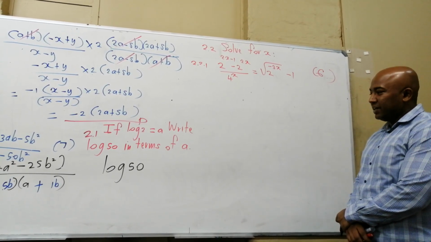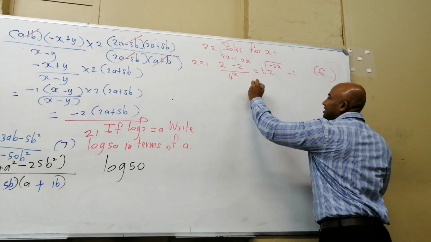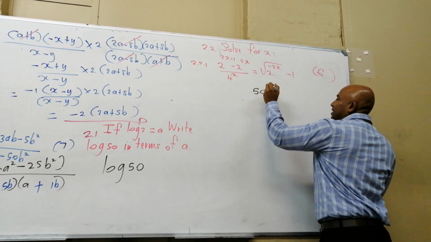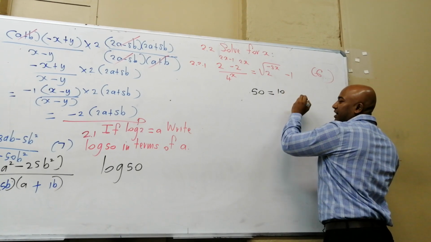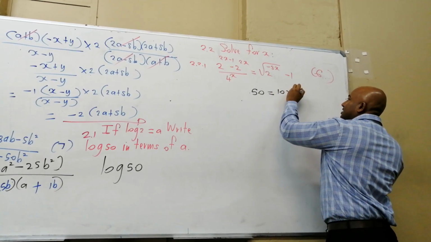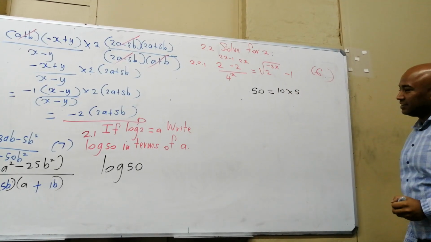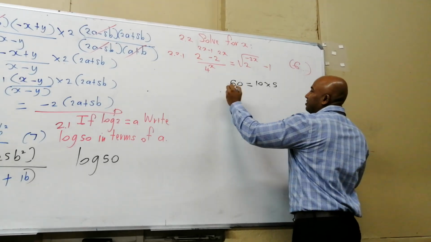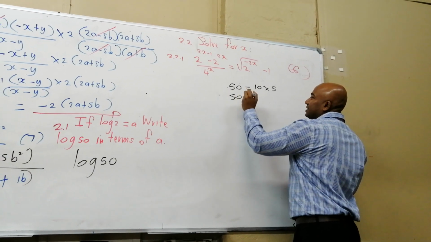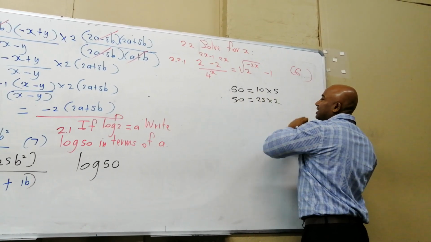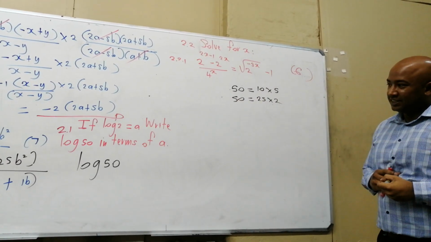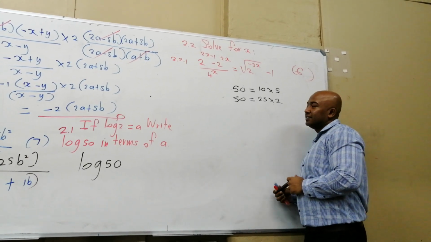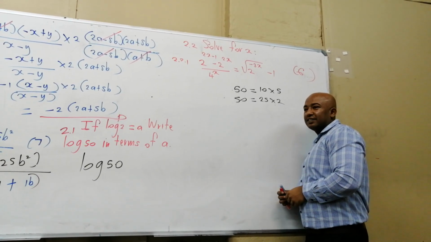There are different ways of writing down 50. We got 50 is equal to 10 times 5. 10 times 5 is 50. 50 is equal to 25 times 2. What can we do here?